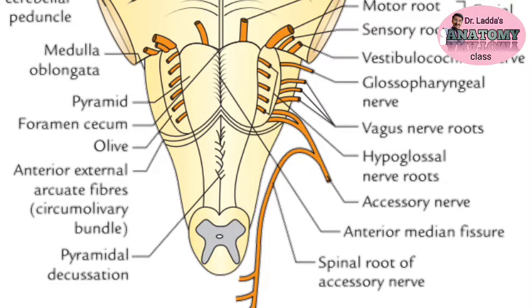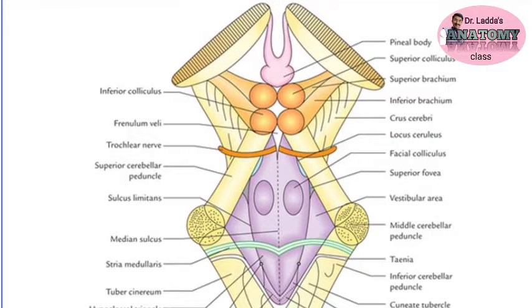Now about the posterior aspect. If you look carefully at the posterior aspect, at the upper part of the midbrain you get one flat portion, and there are four rounded elevations. Those are called colliculi; single is colliculus, multiple is colliculi.